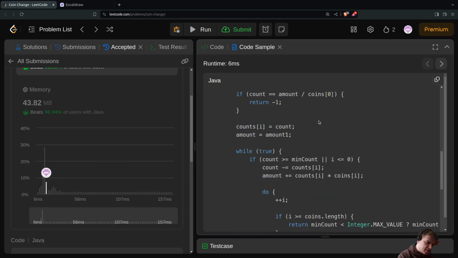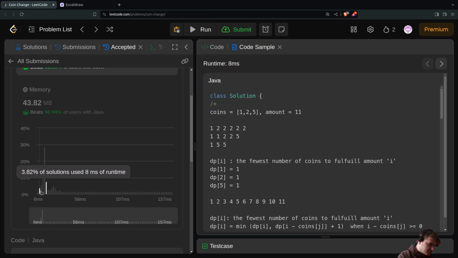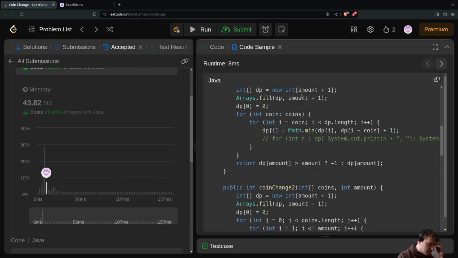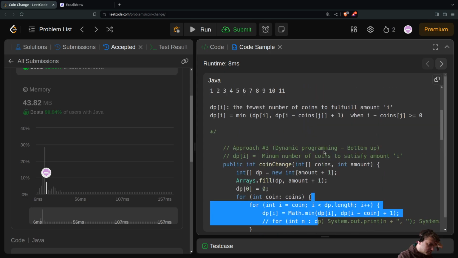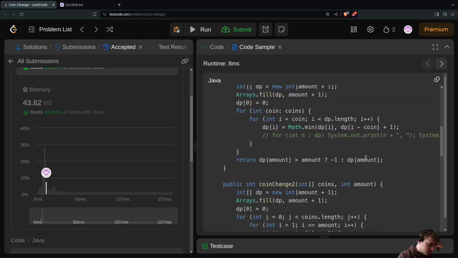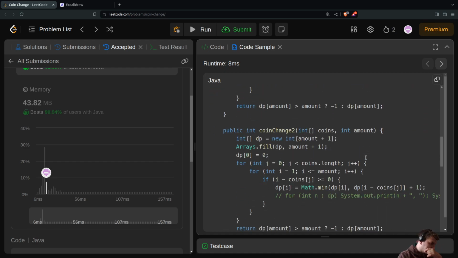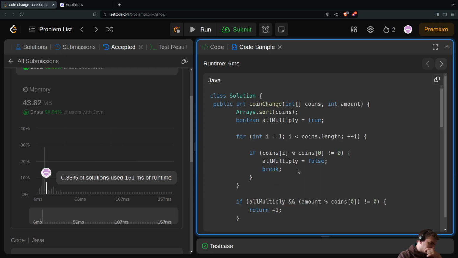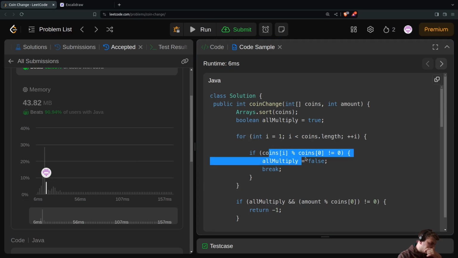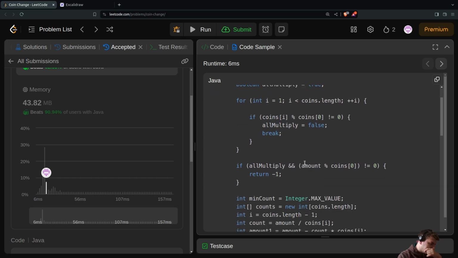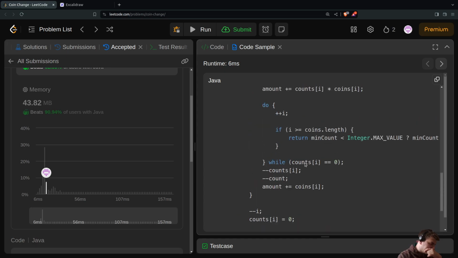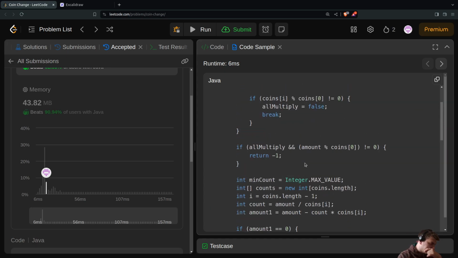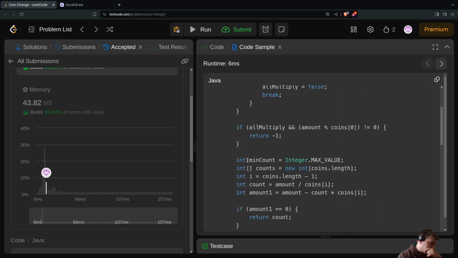So they have this weird algorithm. Let's add this one.